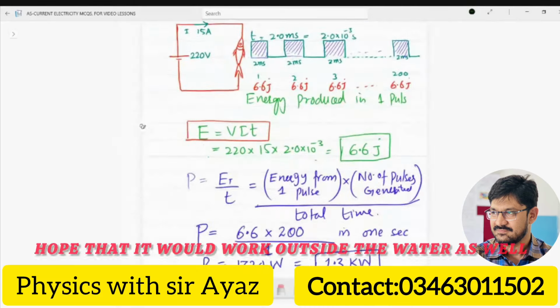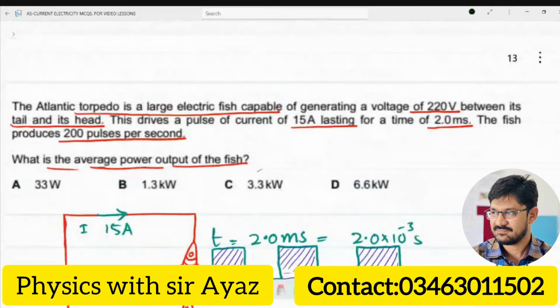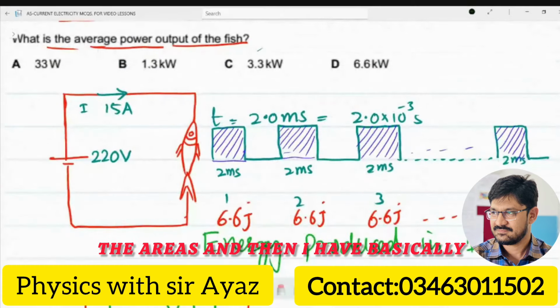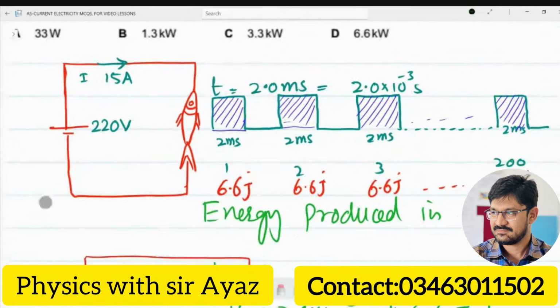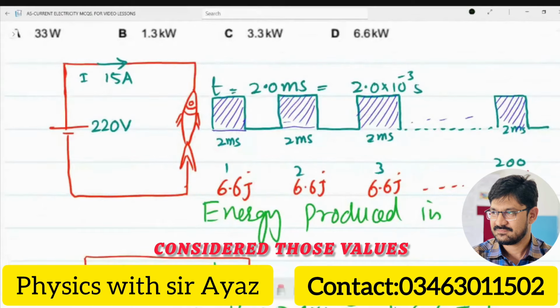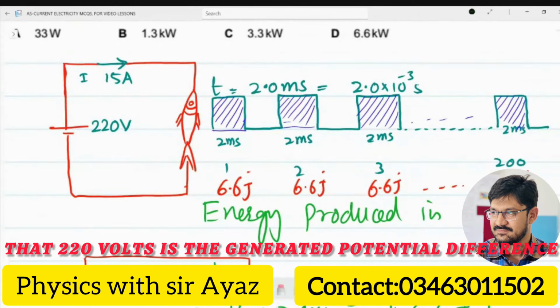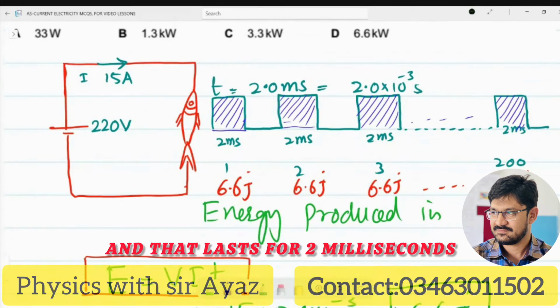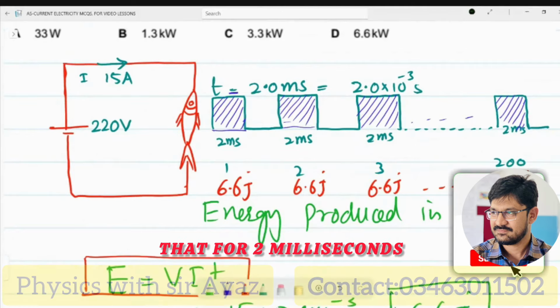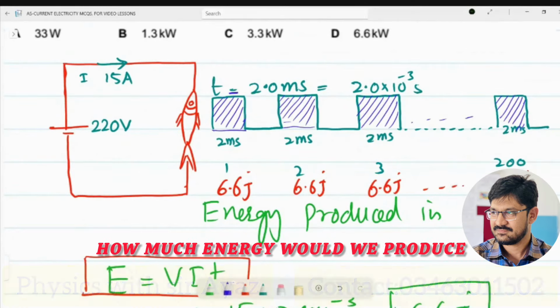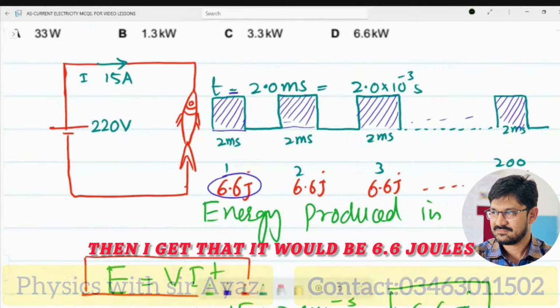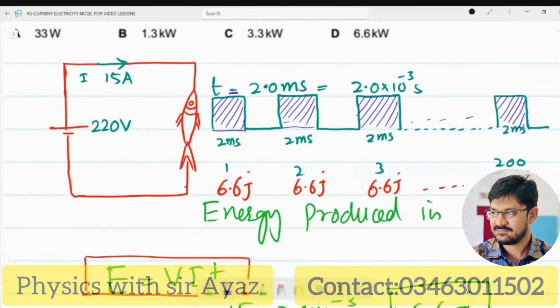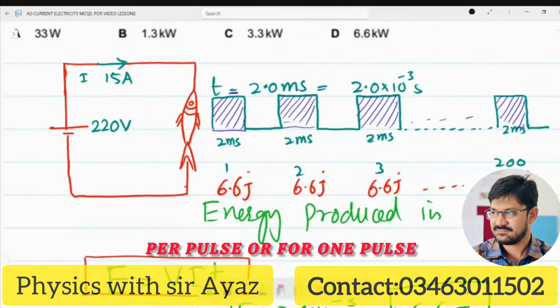One by one you can see that this was the question. I have selected the areas, and then I have considered those values: 220 volts is the generated potential difference and 15 ampere is the current, and that lasts for 2 milliseconds. So I have calculated how much energy would be produced in 2 milliseconds. Then I get 6.6 joules per pulse.